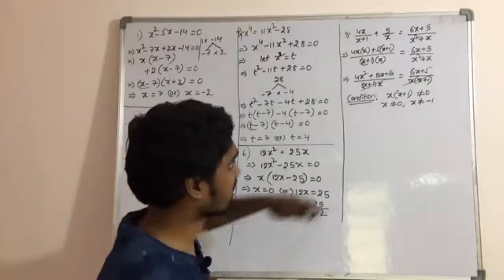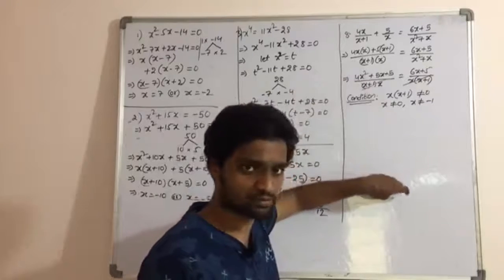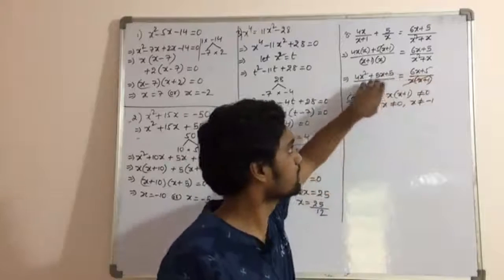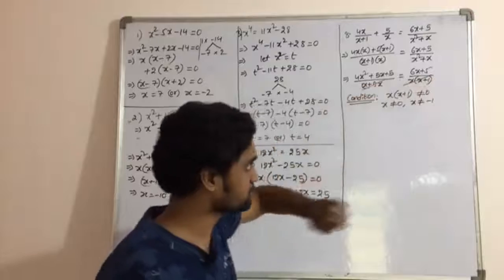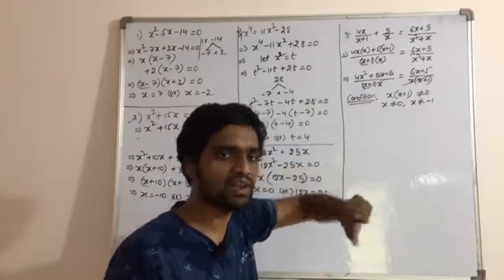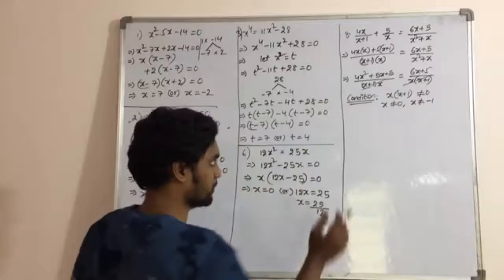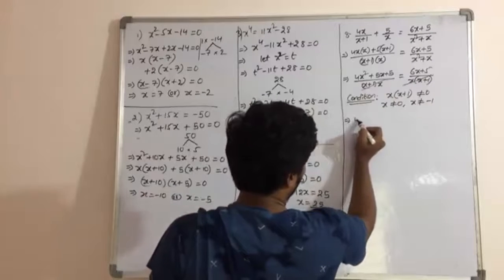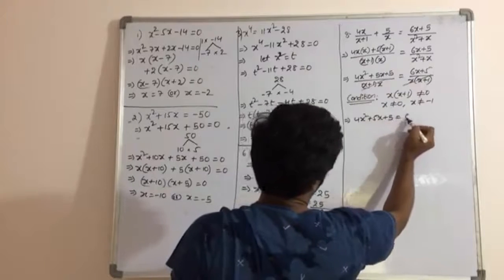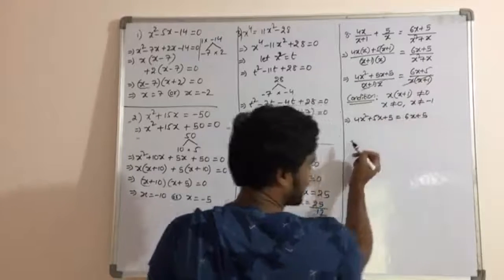Okay. So finally, after solving the quadratic equation here which is going to form now, if one of your answers is 0 or minus 1, then you have to eliminate that answer from the solution. Now, 4x square plus 5x plus 5 is equal to 6x plus 5.